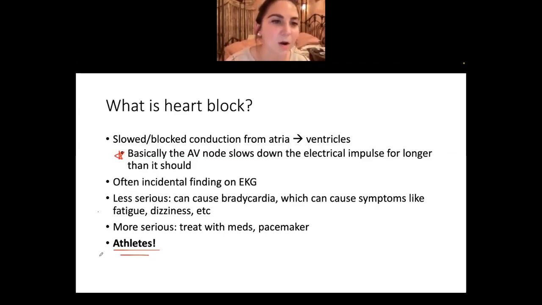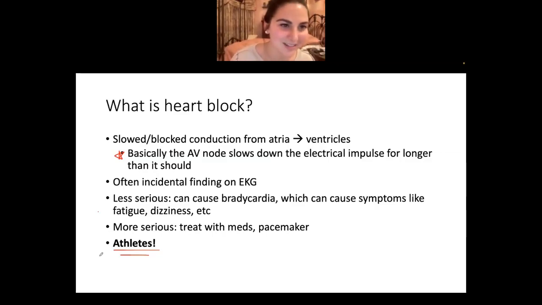Athletes. If they want you to think of first degree heart block, think of athletes. My brother was an athlete and he got diagnosed with this when he was playing college football, just getting a regular physical. With athletes, they're always exercising, so they have to shoot out so much cardiac output to get to their organs.